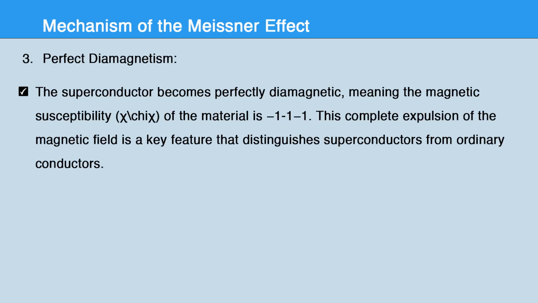The superconductor becomes perfectly diamagnetic, meaning that the magnetic susceptibility of the material is -1. This complete expulsion of the magnetic field is the key feature that distinguishes superconductors from ordinary conductors.